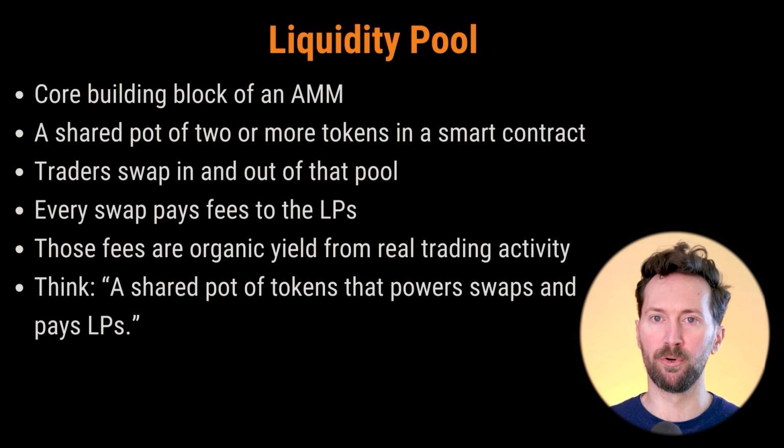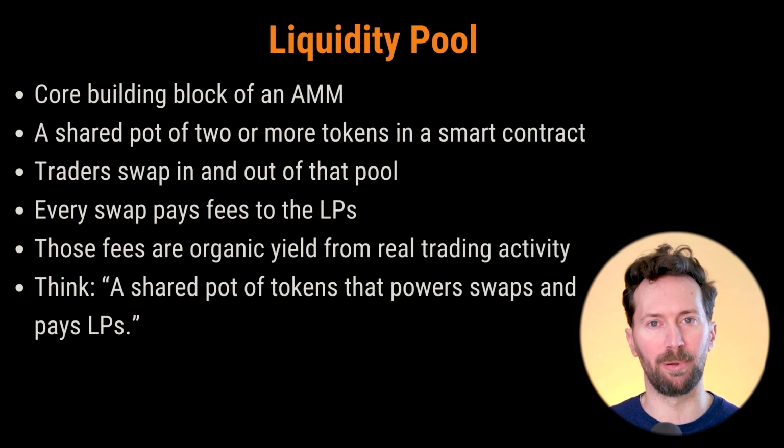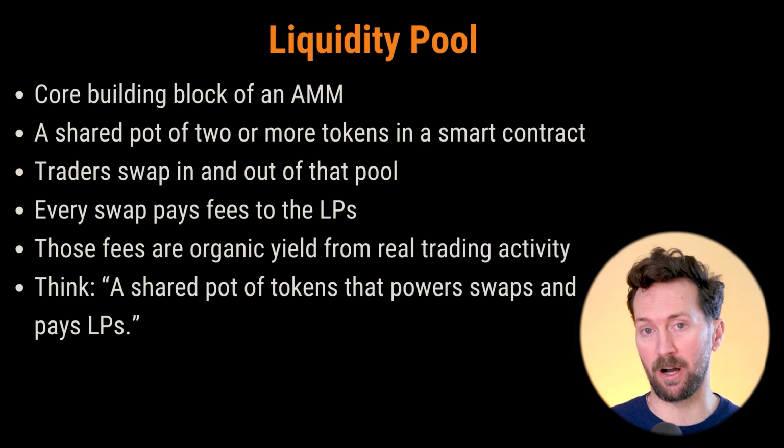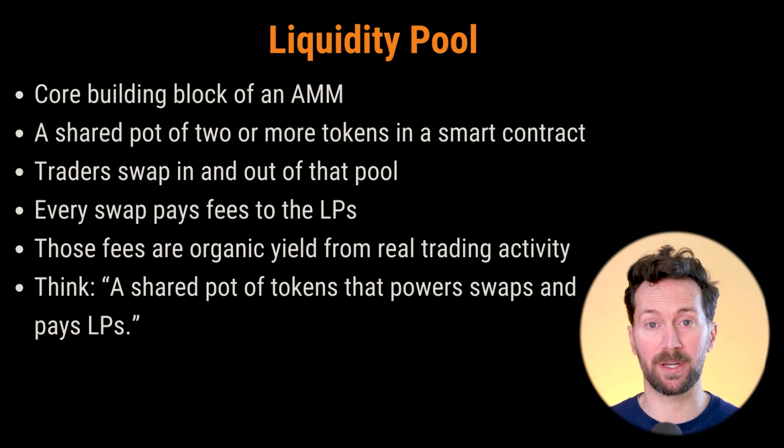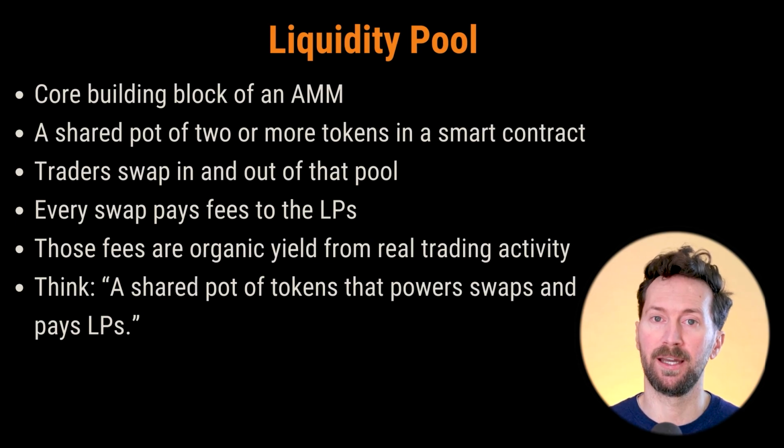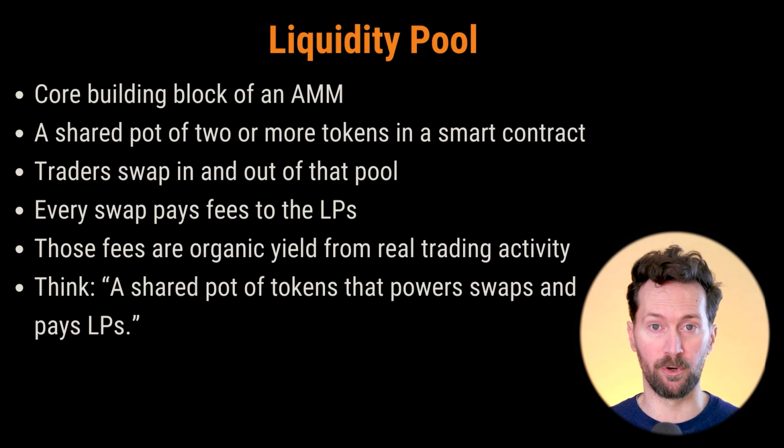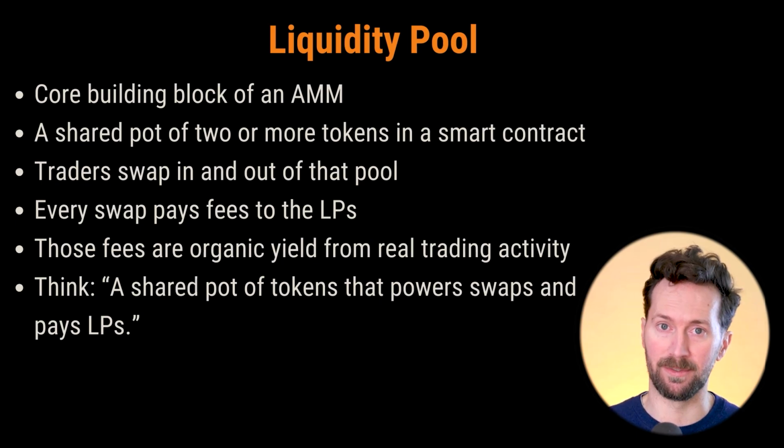A liquidity pool is the core building block of an AMM. It's a collection of two or more cryptocurrencies locked in a smart contract. Traders swap tokens in and out of that pool, and every time a trade goes through the pool, the trader pays fees, and those fees are distributed to the liquidity providers who deposited tokens into that pool.